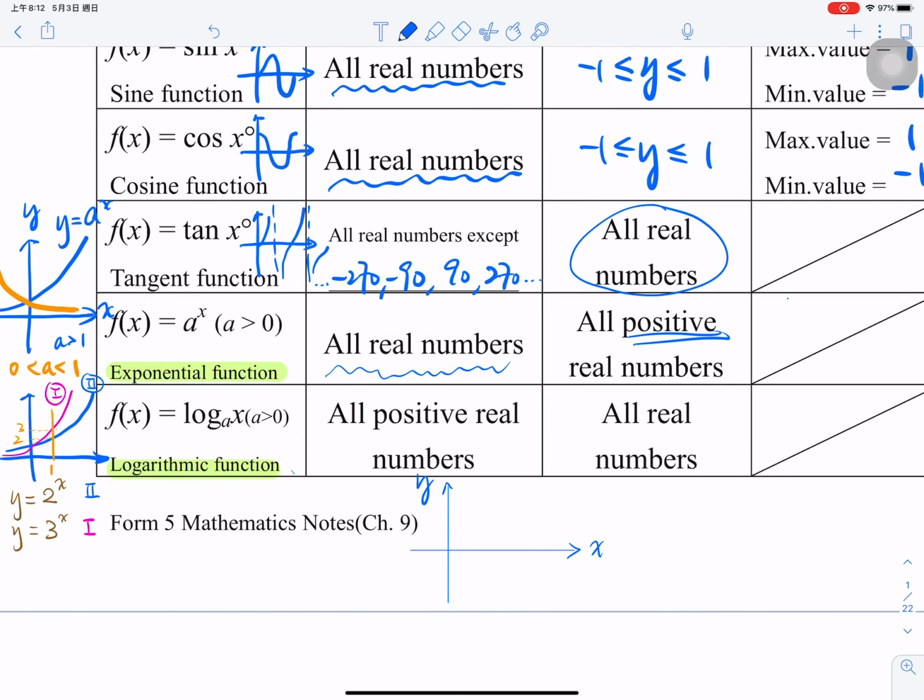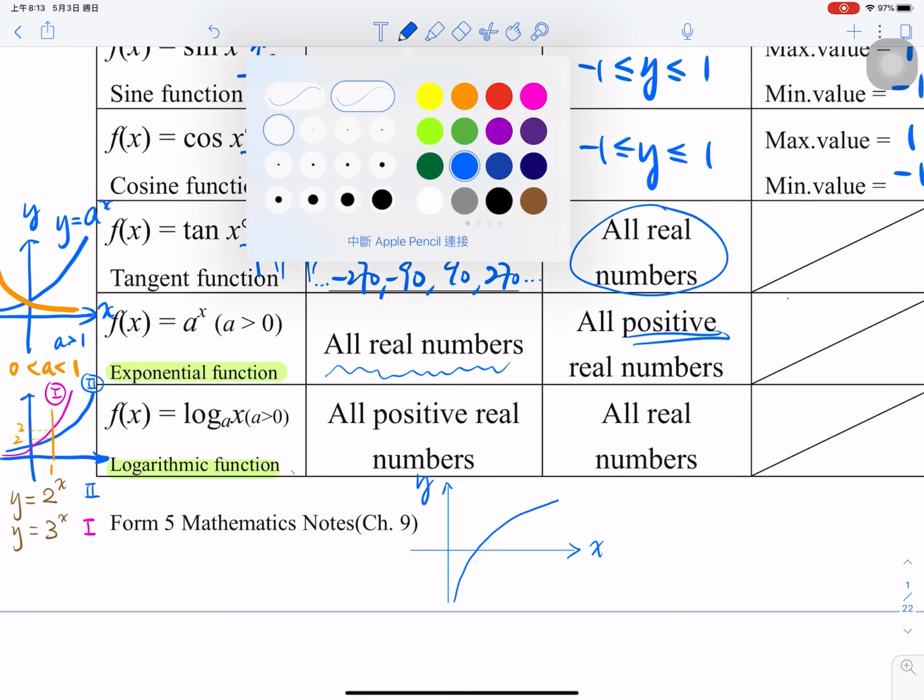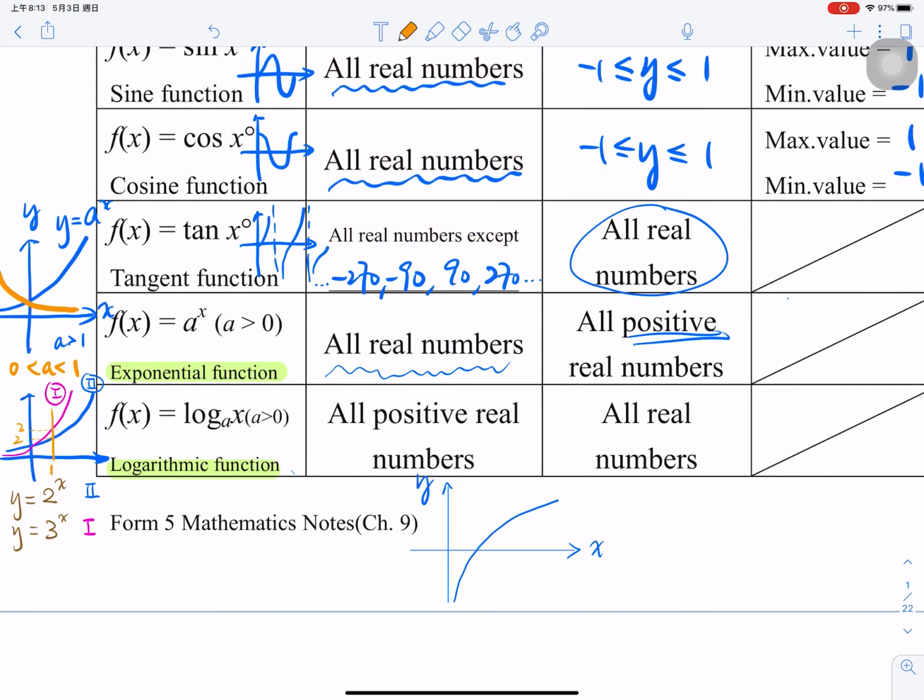Do you remember about this function? Yeah, one is like this. How about the other one? One is like this. I use the other color. One like this.